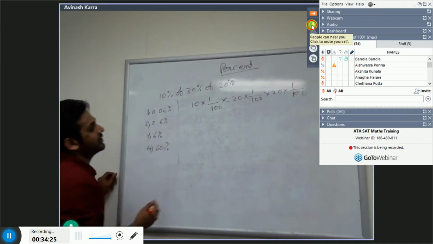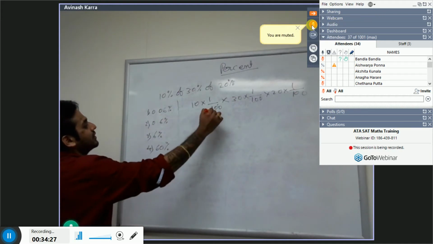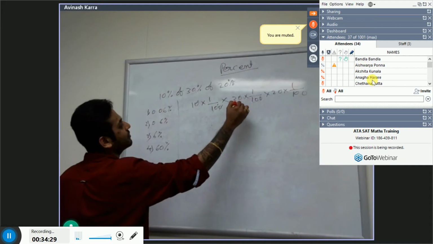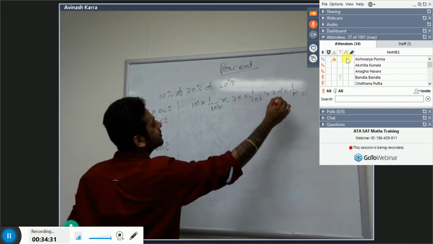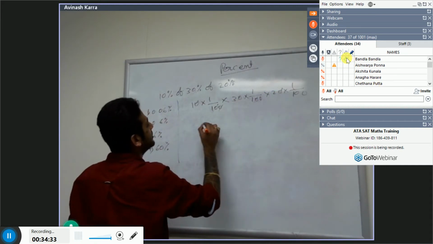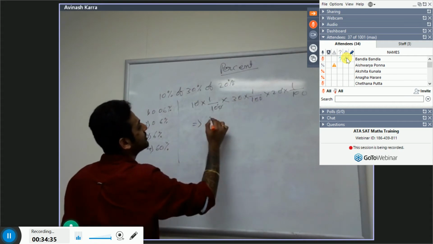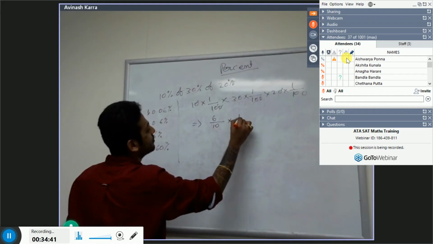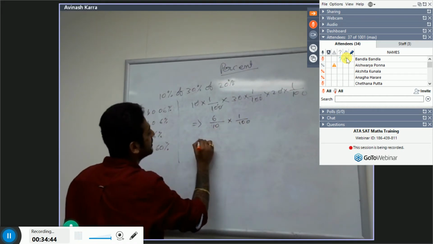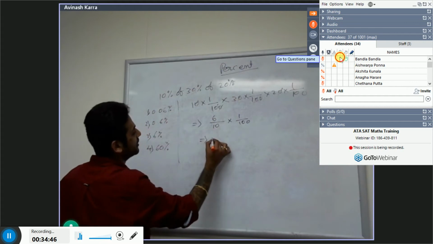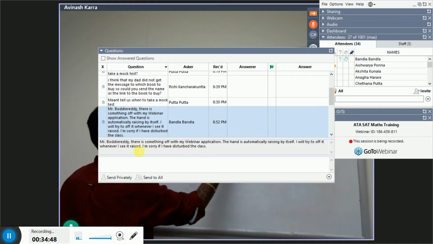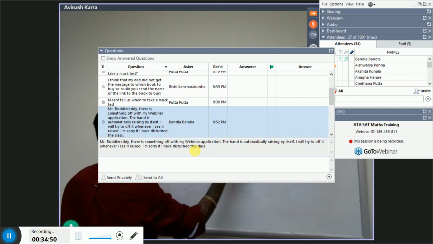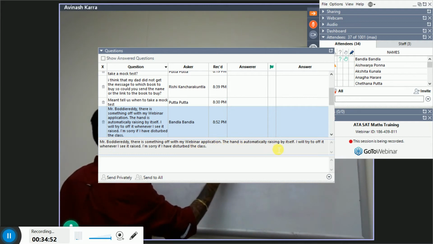If you simplify it, the 0s go off, and this one let it be. So 3 2s are 6, 6 by 10 into 1 by 100. What is 6 by 10? 0.6 into 1 by 100, which means 0.6%.